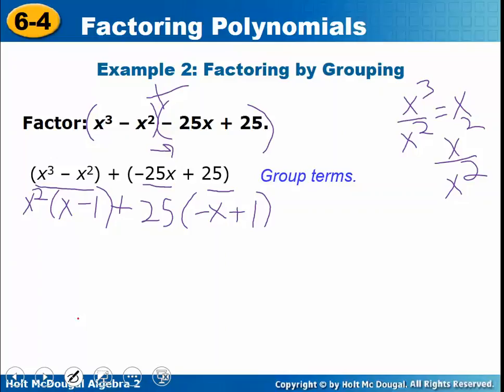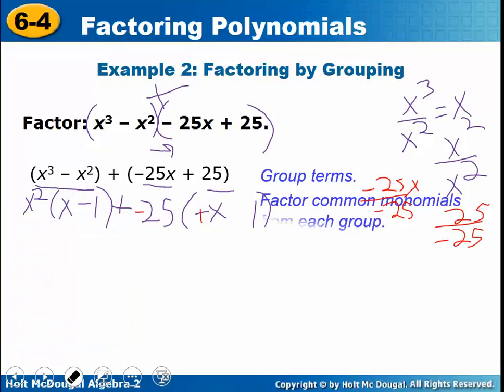So instead of factoring out a 25, let's factor out a negative 25, because negative 25x divided by negative 25, that would be 1x. So that's just x now. And then 25, the other one, divided by negative 25, that's negative 1. So let me erase this and put a negative there.